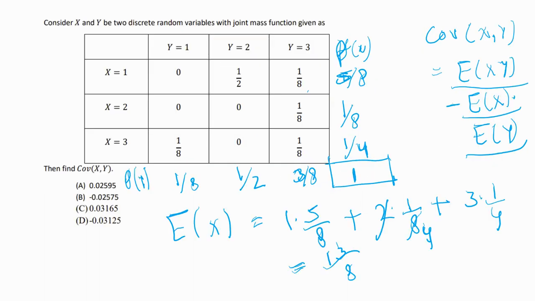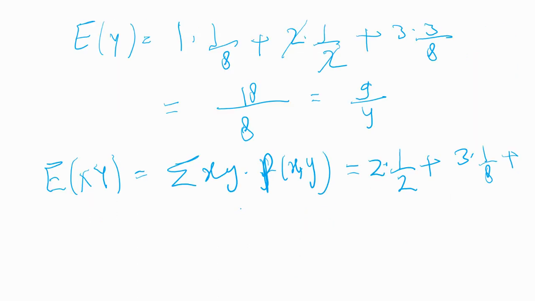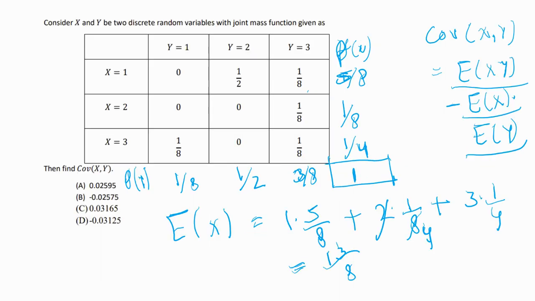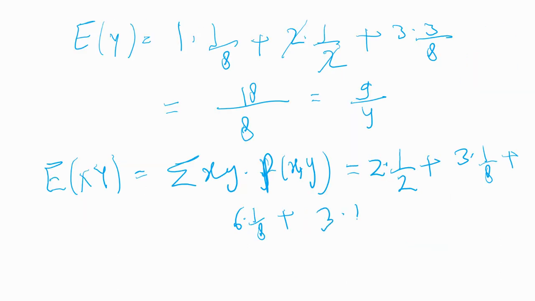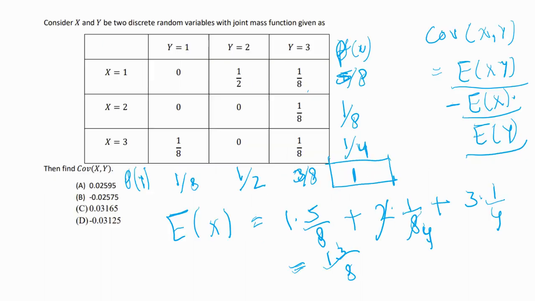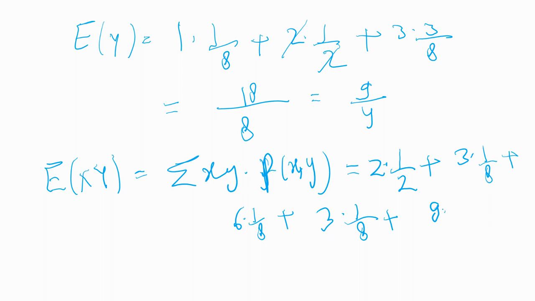And then 2 into 1 into 0, 2 into 2 into 0, 2 into 3 into 1 by 8. So 2 into 3 will be 6 into 1 by 8, plus 3 into 1 into 1 by 8, plus 3 into 2, 6 into 0, 0, 3 into 3, 9 into 1 by 8. So 9 times 1 by 8.